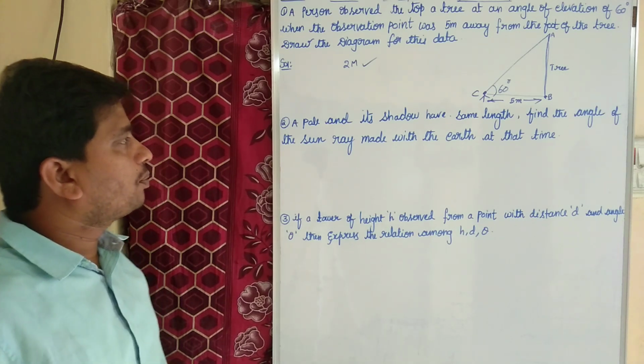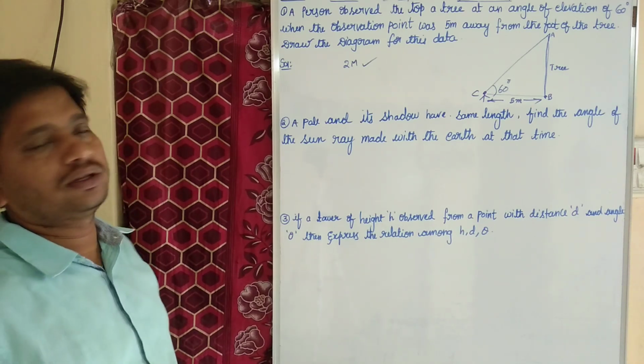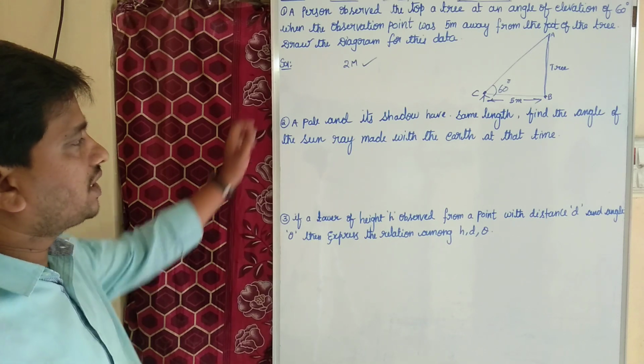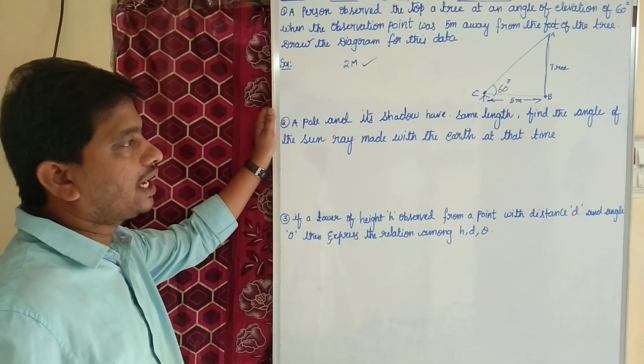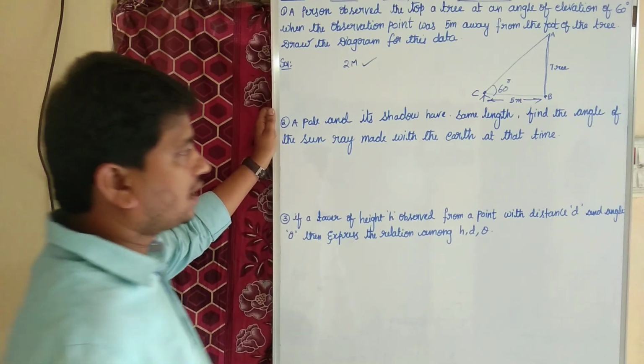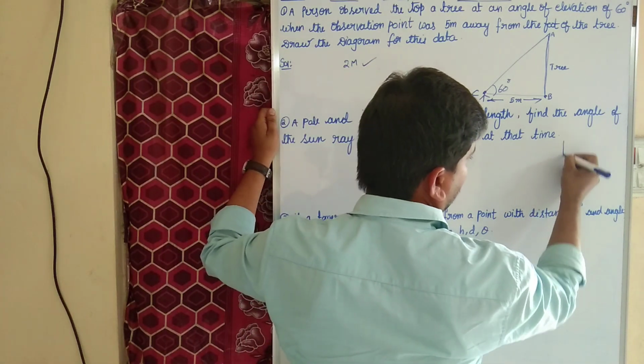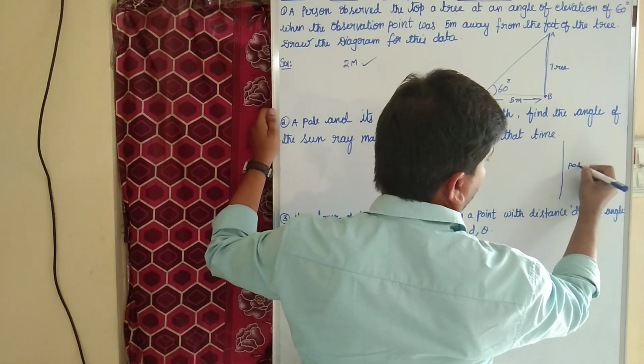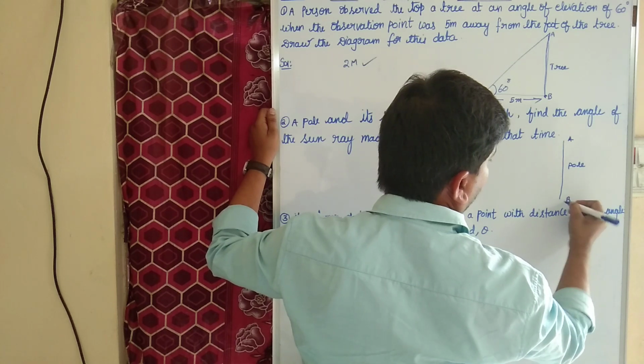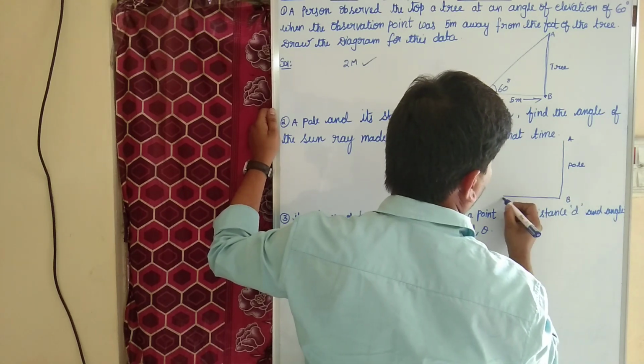Second one: a pole and its shadow have the same length. For example, this is our pole. Let me call it AB, whose shadow is BC.